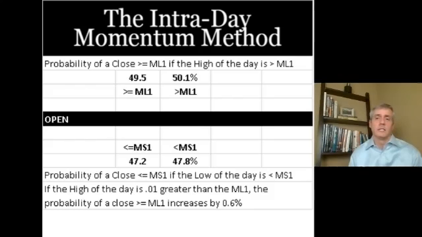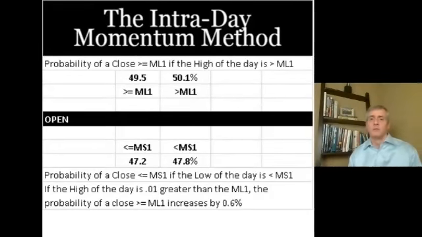And this is not taking into effect anything other than that I didn't define a trend on any chart. Basically, all I wanted to know was that if we get a high above this level by 1 cent, does that increase the chance that we get a close above that level? And as you can see, it's 0.6% of the time.